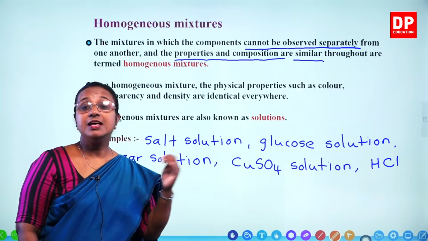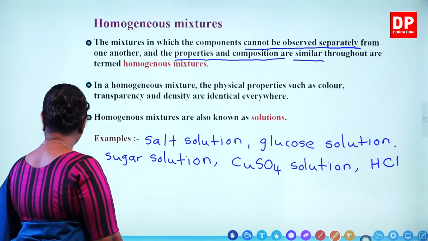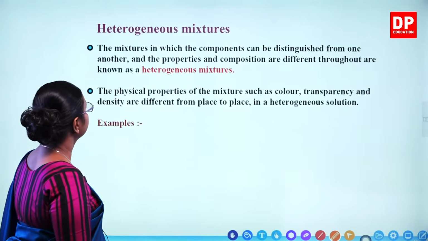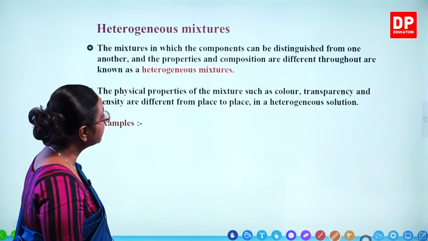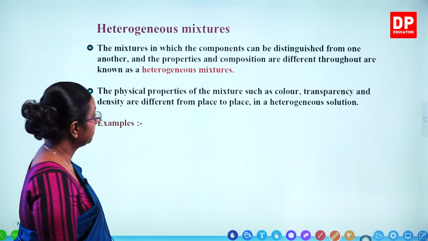Then the next type, that is the heterogeneous mixture. Heterogeneous mixtures. The mixtures in which the components can be distinguished from one another and the properties and composition are different throughout are known as heterogeneous mixtures.